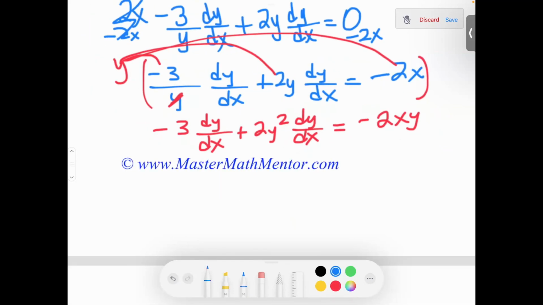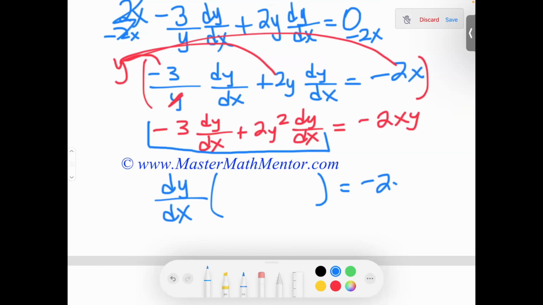Now, on the left side of the equal sign here, we have 2 dy/dx's that can't be combined like terms, but we can use another little algebraic technique: we can actually factor that dy/dx out. And that's what we want to do in this case. Once we factor the dy/dx out, we're left with negative 3 plus 2y squared.